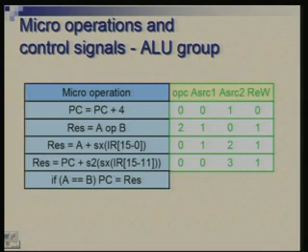So, let me put all these together actually. So, A source 1 has value 0 or 1, it is 0 for PC here and 1 for A. Okay. A source 2 has 4 possibilities, 0 for B, that is here, 1 for 4, 2 for load store offset and 3 for branch offset.